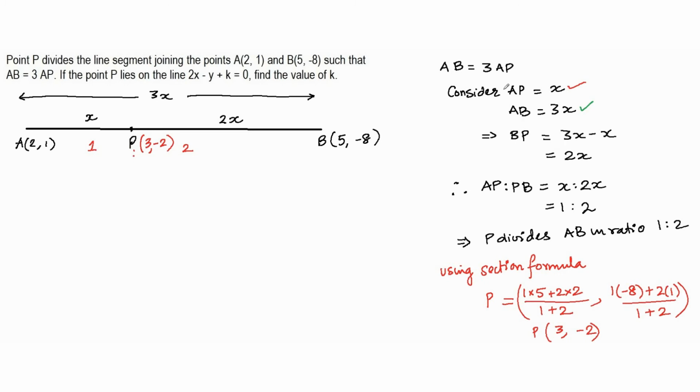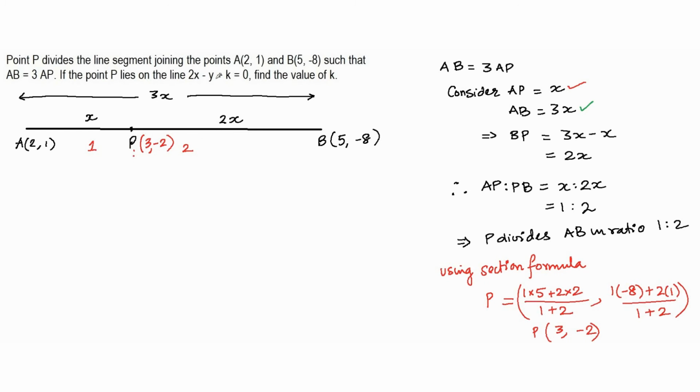And therefore the length of BP can be found out as 3x minus x, which is 2x. And therefore AP is to PB is going to be x is to 2x, x cancels, that's going to be 1 is to 2. So P divides this in the ratio 1 is to 2. And because the ratio is now known, I can use the section formula to find the coordinate of P.